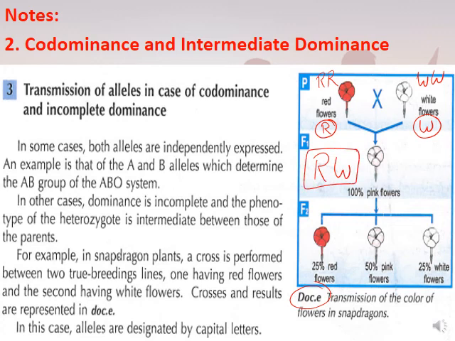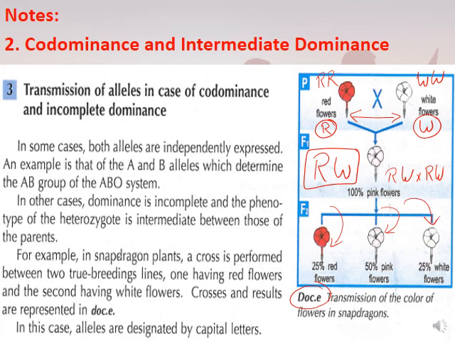Pink is intermediate between red and white, so this is called intermediate dominance or incomplete dominance. F2, upon crossing pink flower with pink flower, means crossing RW with RW. So we have 25% red, 50% RW, and 25% WW, which is the white.